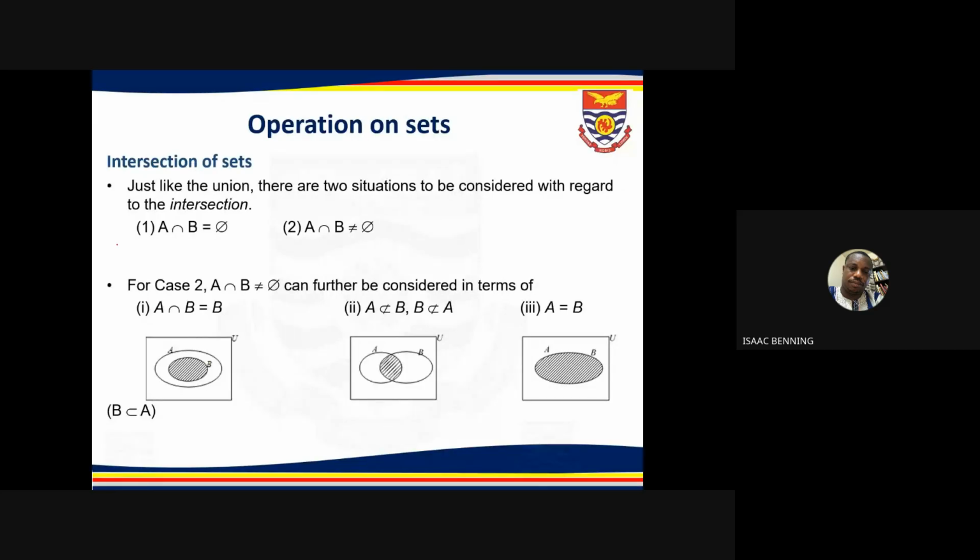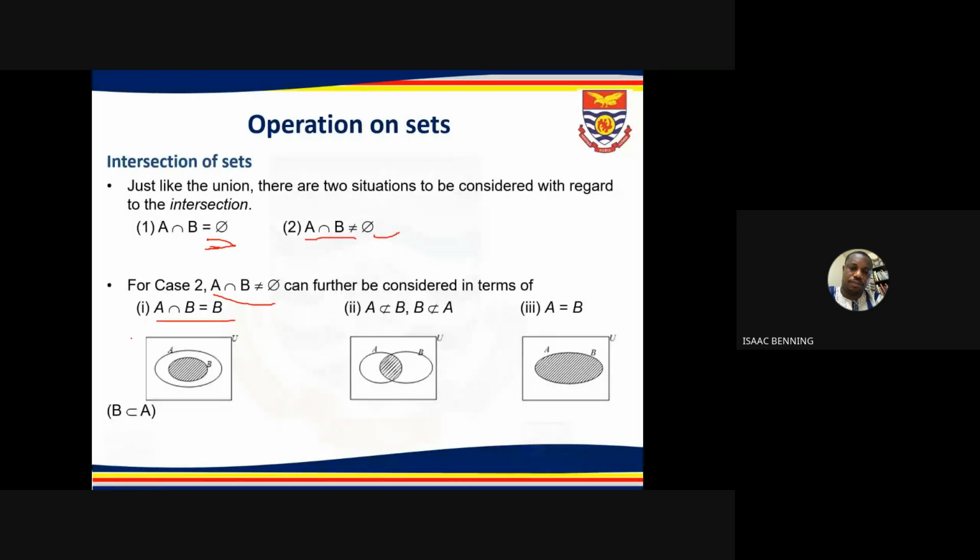It is possible that sometimes the intersection of 2 sets can be empty. Then there could also be a scenario where the intersection will not be empty. In that situation, we can have A intersection B equal to B. That will mean all the members of B can be found in A.